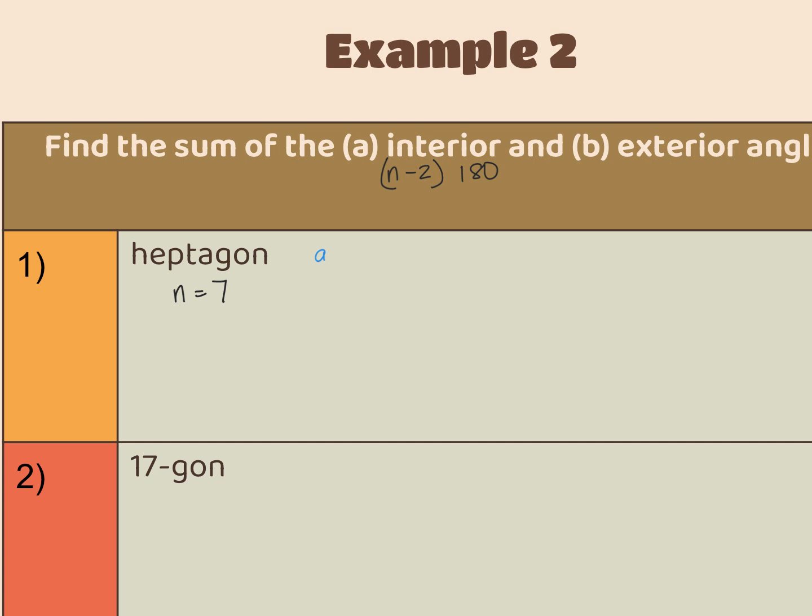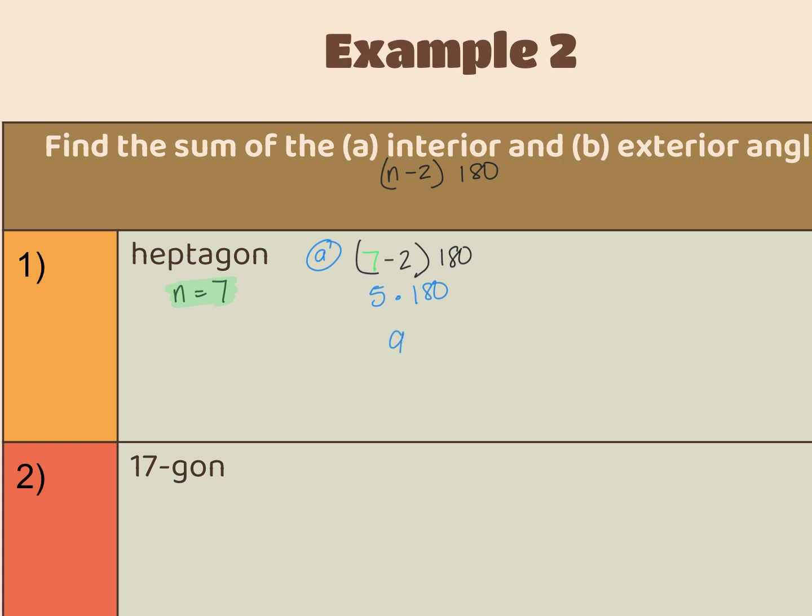So let's go ahead and solve for heptagon for part A. I have 7 sides, so I'm going to plug in 7. Where am I getting my 7 from? Because I already know a heptagon has 7 sides. I'm going to take that 7 minus 2 times 180. So I'm going to subtract, which gives me 5 times 180.